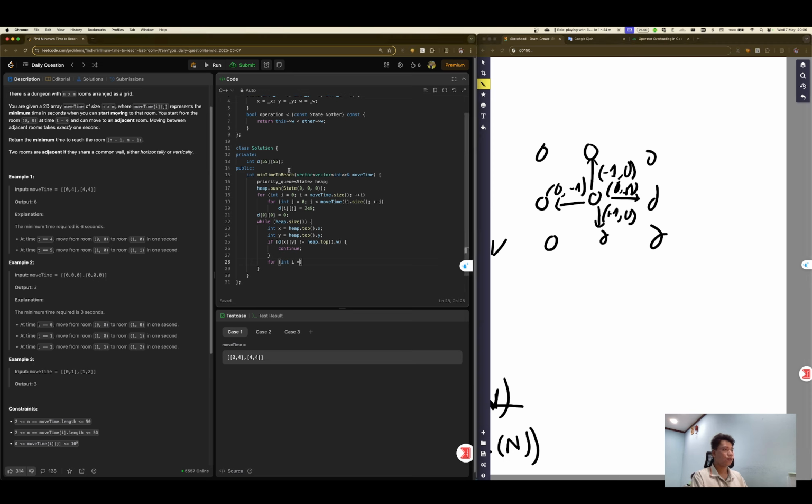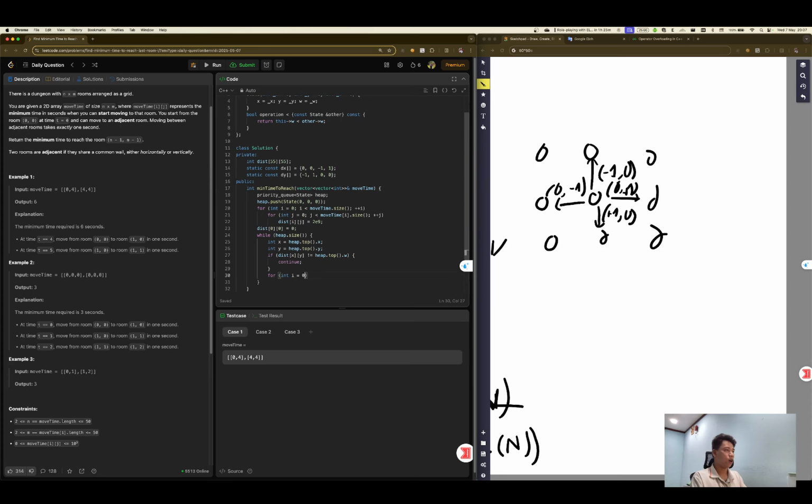We need to define the direction arrays, dx and dy. Call this distance, and create dx as 0, 0, 1, and dy equal to 1, 0, 0.